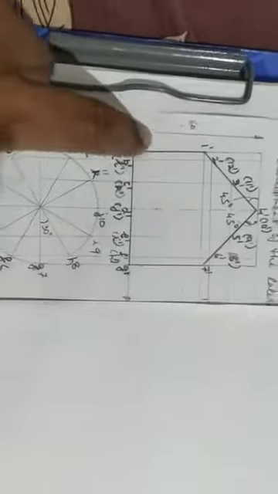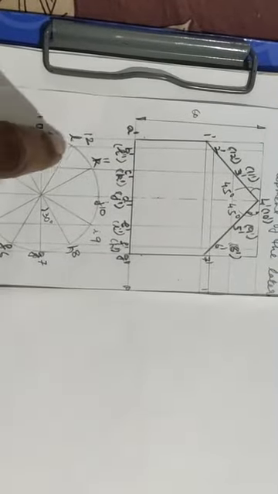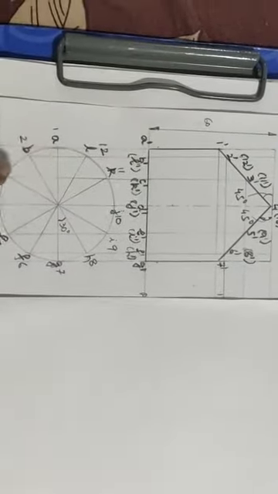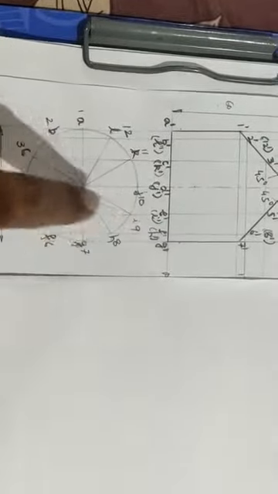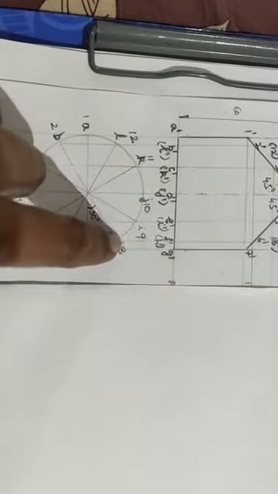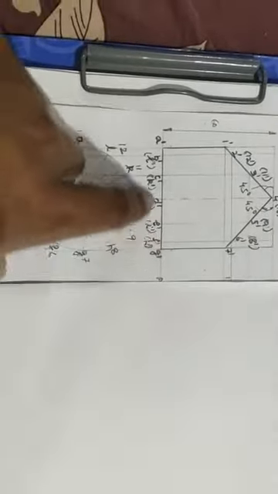Extend point A, extend point G. Draw a length of 60 mm and complete the cylinder. The axis length given is 60 mm. Then you project A, B, C, D, E, F, G, H, I, J, K, L on the base of the cylinder.